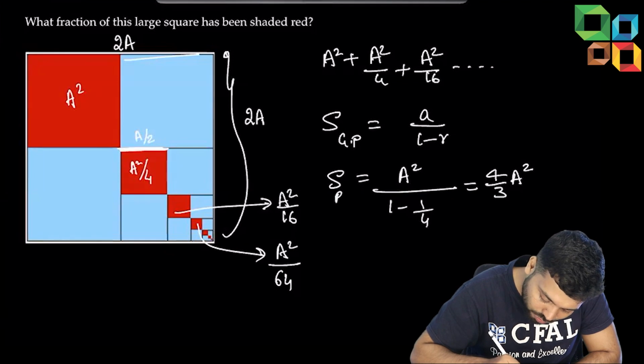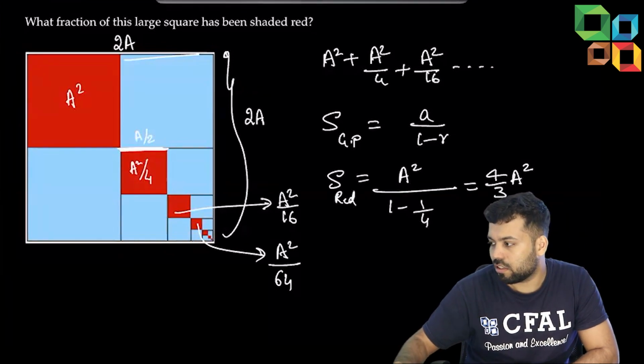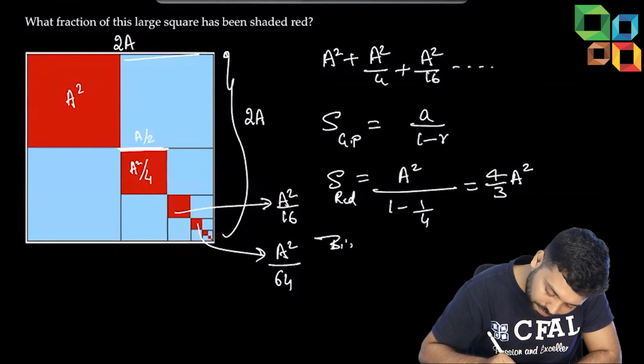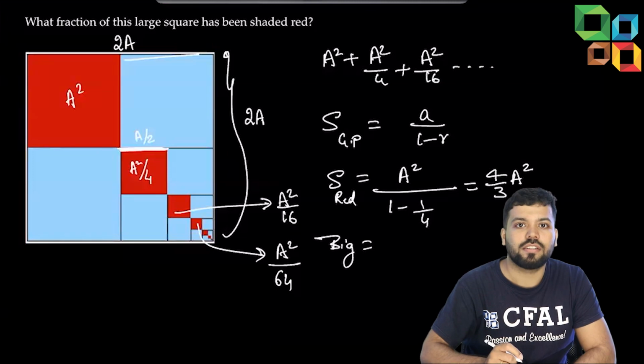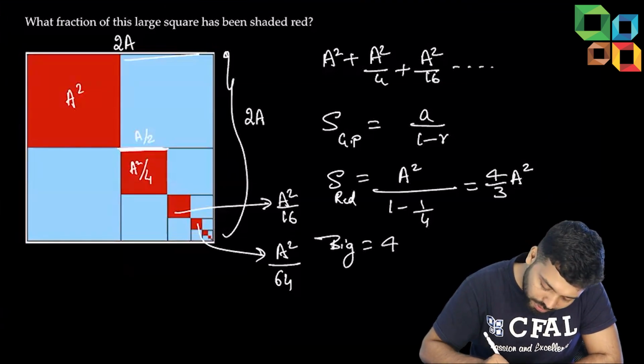So the red area is 4 by 3 a square. The entire area will be the big area. How much is the big area? 4a square.